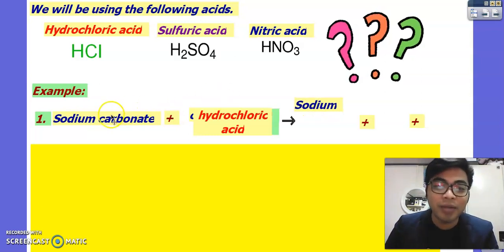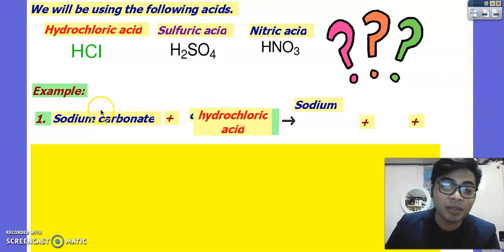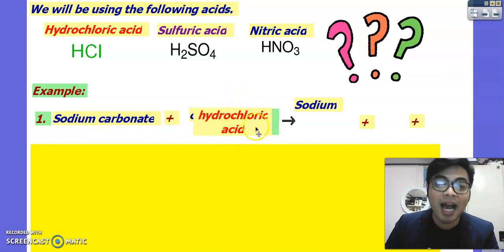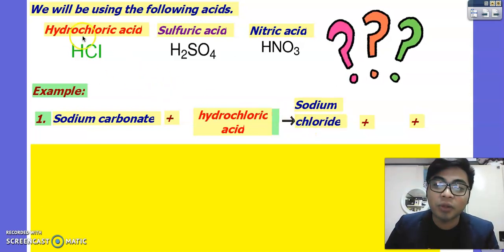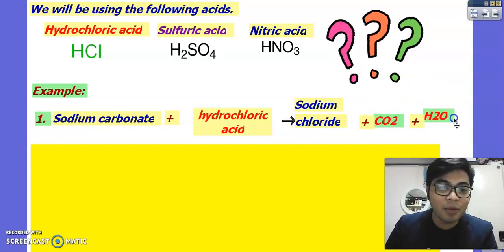Next, we're going to bond the sodium with something from the hydrochloric acid. And what is that? Very good. It is the chloride. Why chloride? Because the hydrochloric acid contains the Cl. So the sodium here will bind with the Cl, therefore forming sodium chloride plus CO2 plus water.